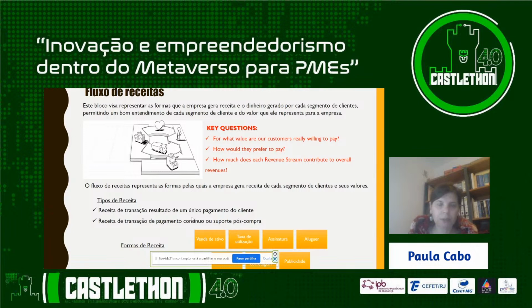Sometimes, for example, technology is important in how to pay. Having access to, for example, MB Way or something like that is important, depending on how they prefer to pay.